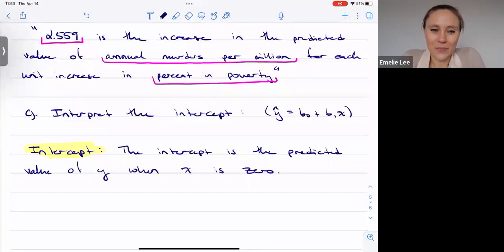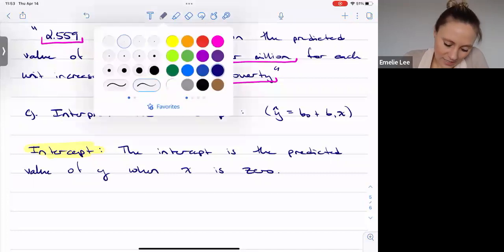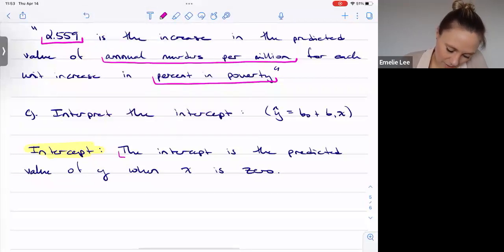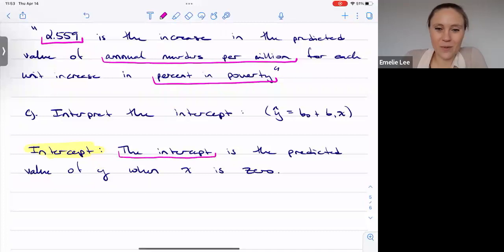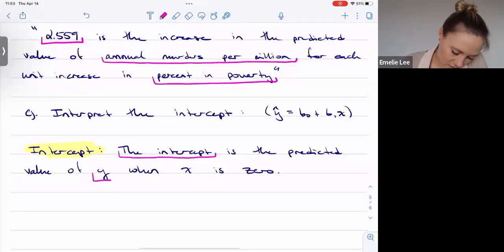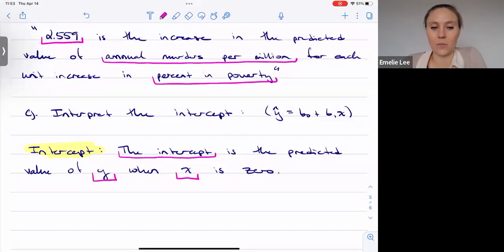And we do the same thing again, so I'm going to highlight which portions we swap out. The intercept is, of course, a number, in our case negative 29.901, I think. And that is the predicted value of y, which is actually the annual murders per million, when x, which in this case is the percent in poverty, is 0.